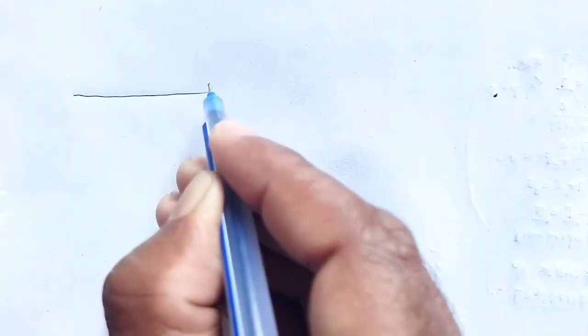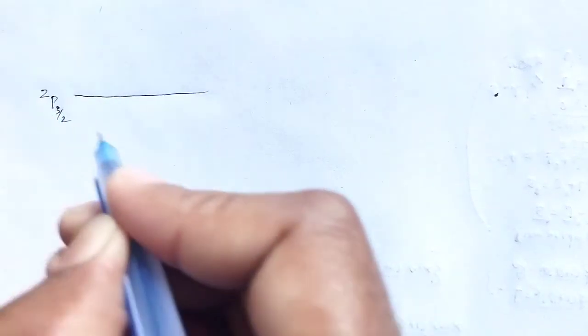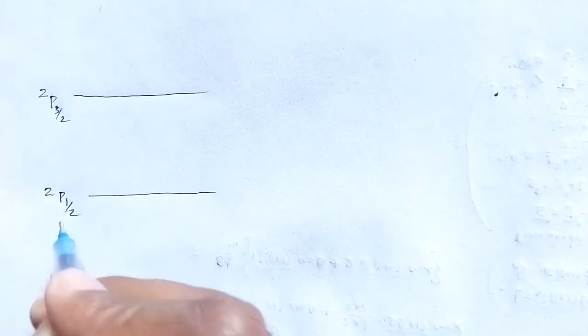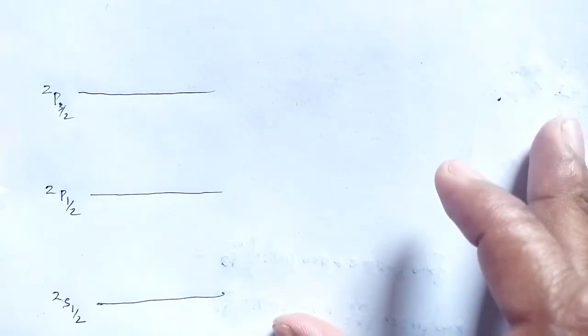Here, 2p 3/2 and 2p 1/2 go to the last one, 2s 1/2. Two lines are created.